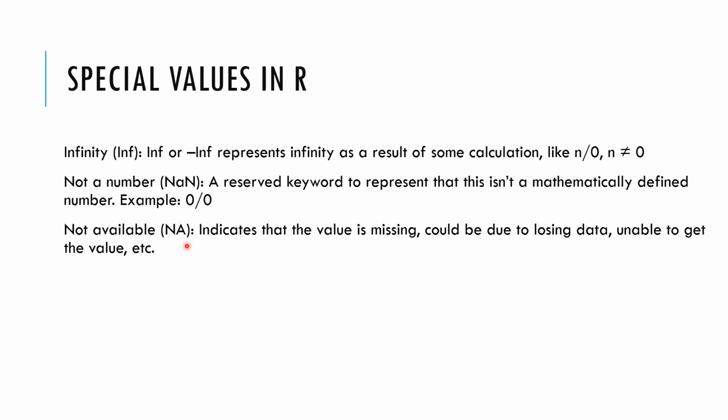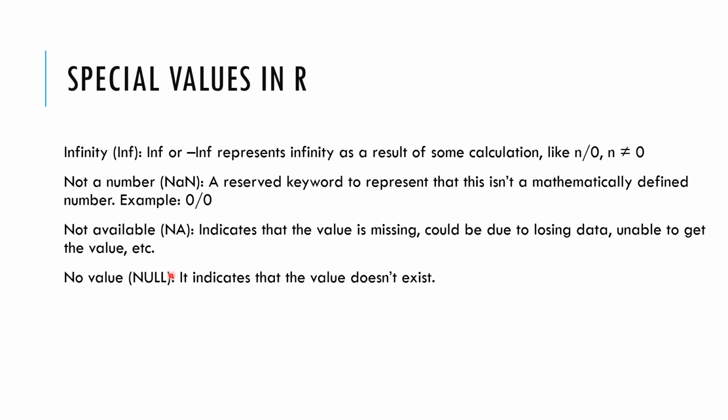Then not available, NA, indicates that the value is missing in a variable. So let's say there is a variable which contains the age of each person, but in one row there is no age. If it is written NA there, that means the value is missing, and it could be because we have lost the data while importing, or the person has not provided the data, or whatever may be the reason.